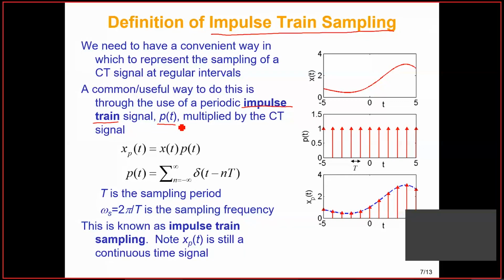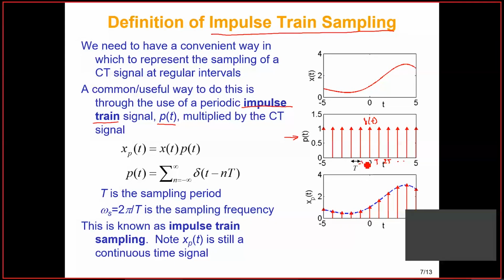So this is the impulse train, and that's the signal that you see right here. These are impulses which are spaced at time period T. So this is delta t, this is delta t minus T, delta t minus 2T. So this is basically a train of impulses going all the way, and similarly on the negative side also, minus T, minus 2T.